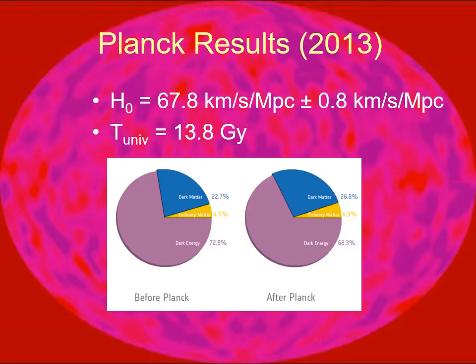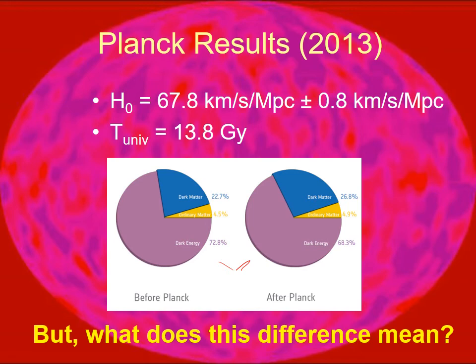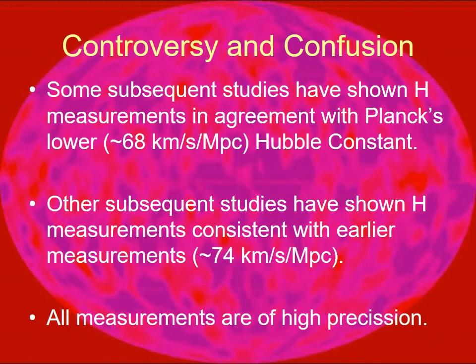Now, what they came up with was a Hubble constant that was considerably lower than everybody else did. And so that changed what they thought was the proportions of matter and dark energy in the universe. They came up with a little bit different age of the universe, 13.8 billion years, instead of the more commonly accepted 13.7 billion years.